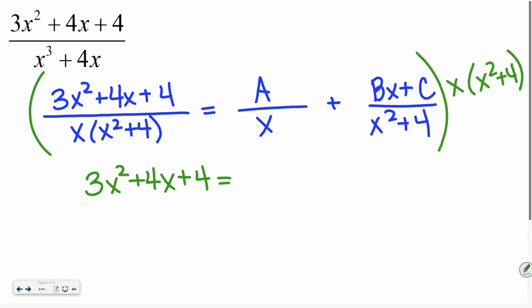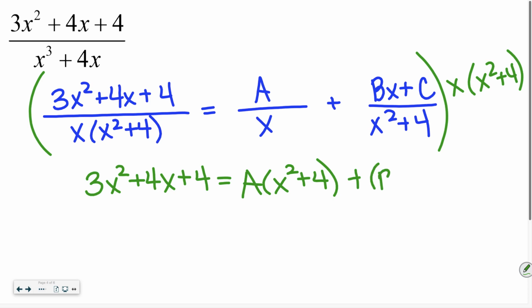This fraction here, a over x, the x's cancel, and we're left with a times x squared plus 4. Here's where you need to be careful. The x squared plus 4's cancel.